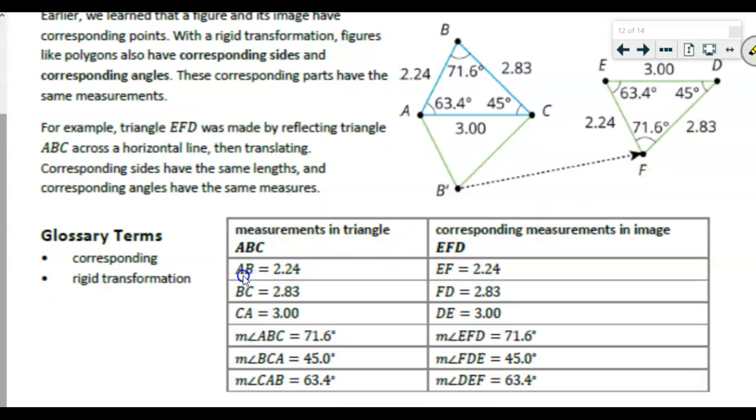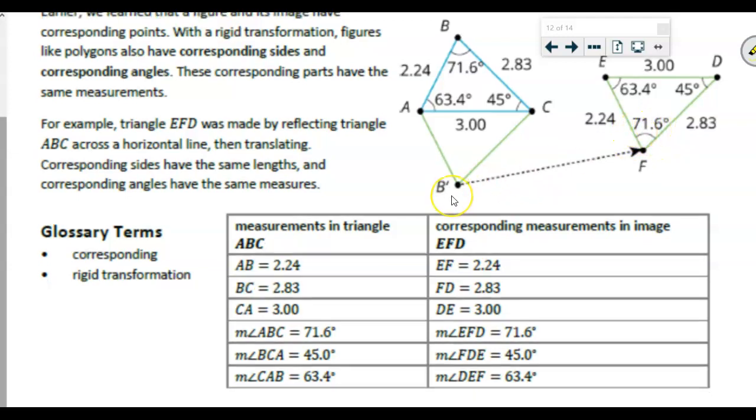And AB is this side length that corresponds to EF. Notice they have the same measure. And I'm not going to read through that whole chart and that whole table. Notice measure ABC, this angle has 71.6 degree angle. And its corresponding angle, F, has the same measure, 71.6 degrees.